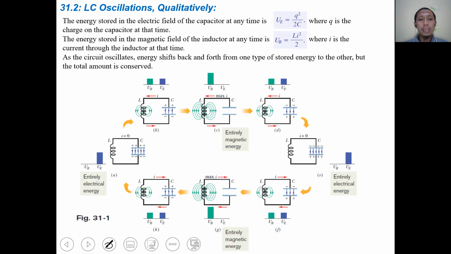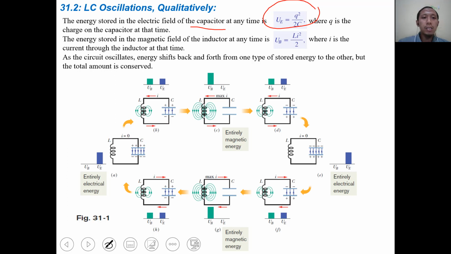We can see in this figure that the energy stored in the electric field of the capacitor is U_E equal to Q squared over 2C, where Q is the charge on the capacitor.